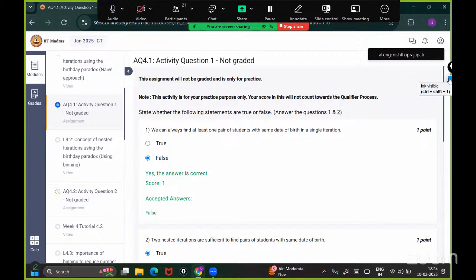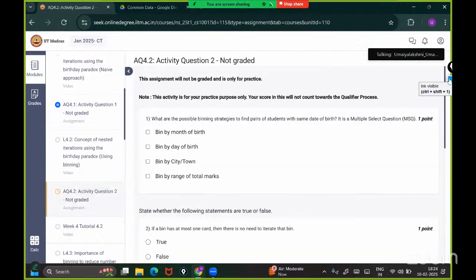Okay. So then moving ahead with 4.2. What are the possible binning strategies to find pairs of students with the same date of birth? We have to sort them based on the date of birth. So which of the binning strategies are required? First and second option. Why first and second?